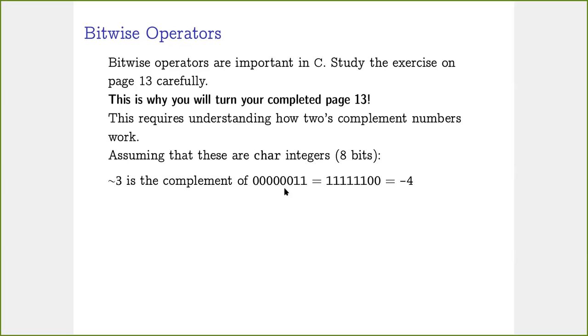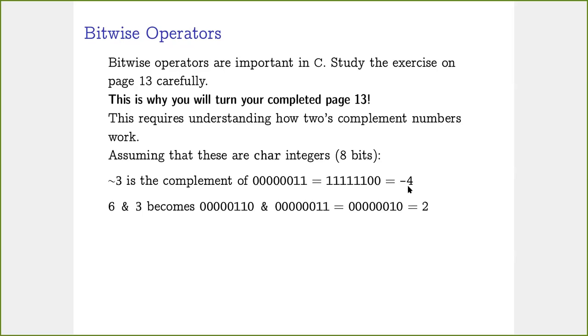The complement means replace all the 0s with 1s and all the 1s with 0s, so here's the complement. Now because the sign bit is set to 1, this is a negative number, and if we had all 1s here, it would equal -1, so we're taking away 3 from -1, so we end up with -4.